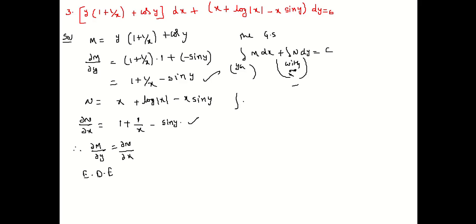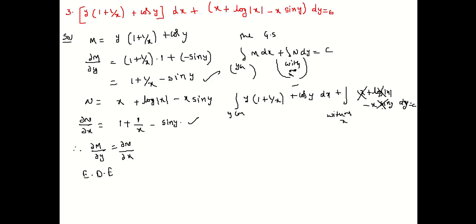So the integral of [y(1 + 1/x) + cos y] dx, with y constant, plus the integral of terms of N without x. Here x + log|x| − x sin y all contain x, so all the terms get cancelled. No term has only y.